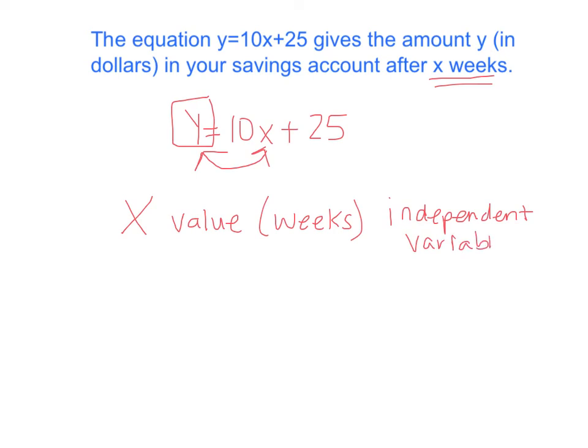Where the y value, which is money, your dollars, depends on how many weeks you're talking. So that becomes your dependent variable.